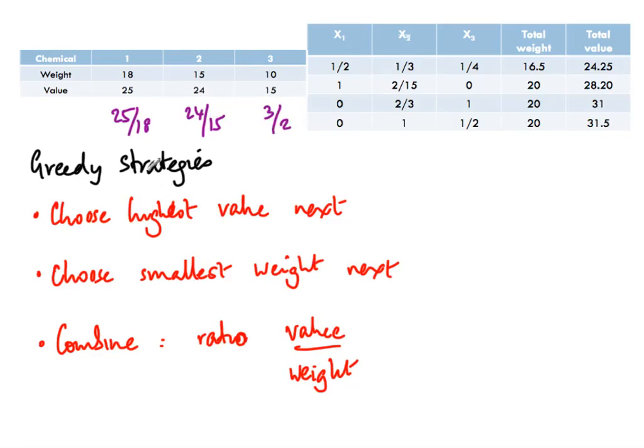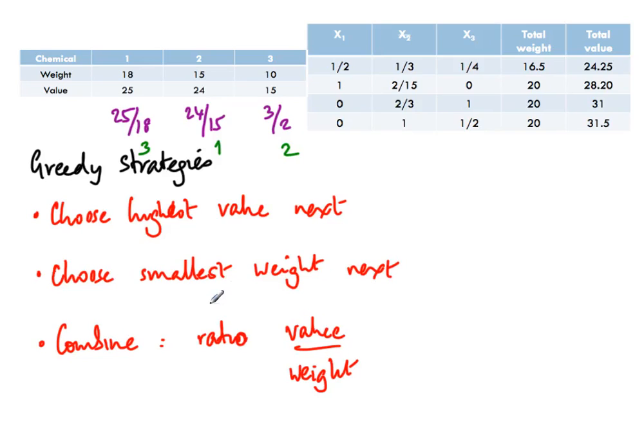If you look at this, you will see that in this case, this is the highest unit cost, then this is the second highest unit cost, and this turns out to be the third highest unit cost.